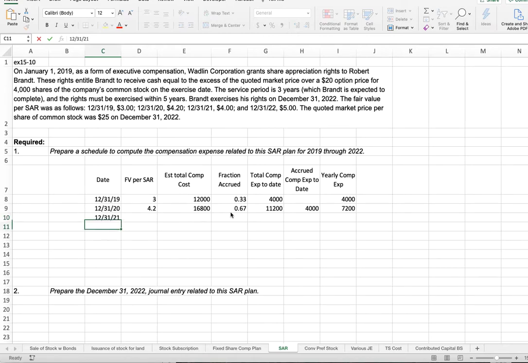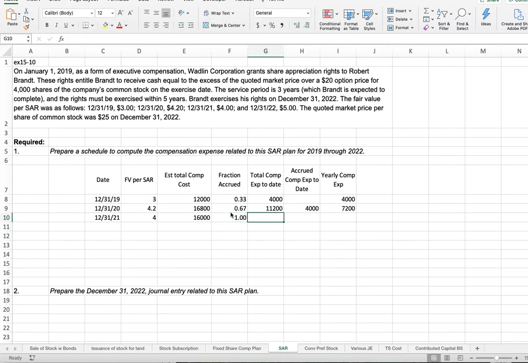Now we have December 31st, 2021. And in this case, it was $4. So 4 times 4,000 gives us 16,000. The accrued fraction is 3/3, or 1.